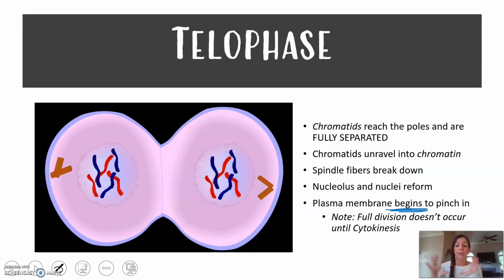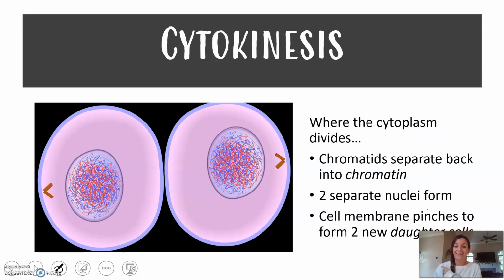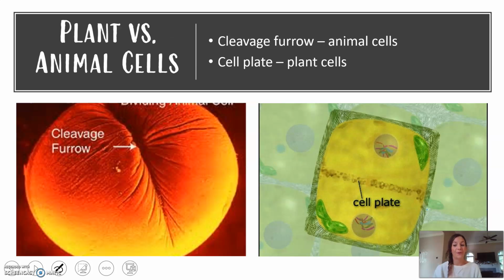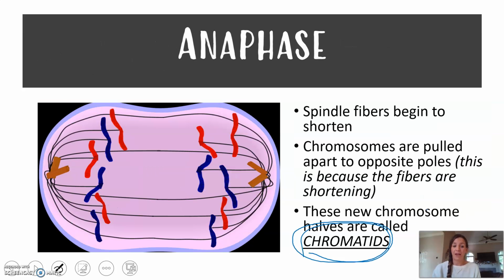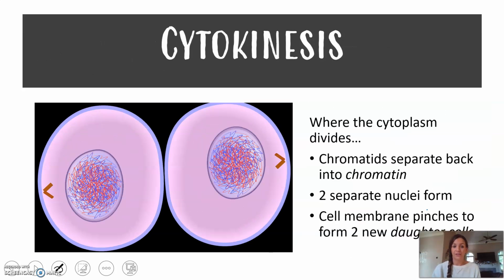So telophase is a pinching in, and then in cytokinesis, this is where we get that full division. So we get 2 separate nuclei, 2 separate cells, the cell membrane fully pinches off, and you get 2 daughter cells. But there's more, because we were just looking, all these pictures, right, are all animal cells.